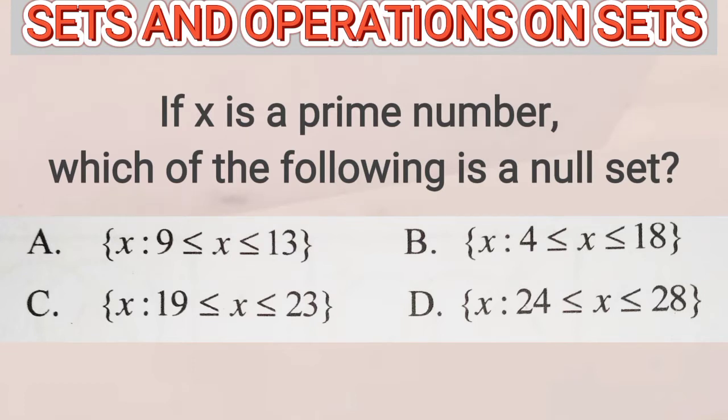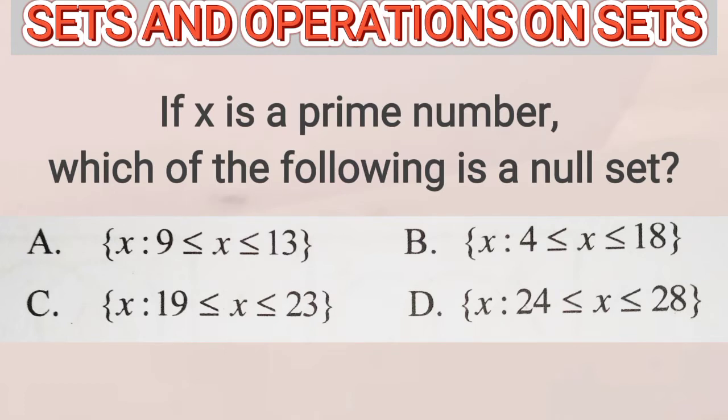C. x is such that x is greater than or equal to 19, but also less than or equal to 23. And D, x is such that x is greater than or equal to 24, but also less than or equal to 28. So given these options, which of them do you think will give us a null set?